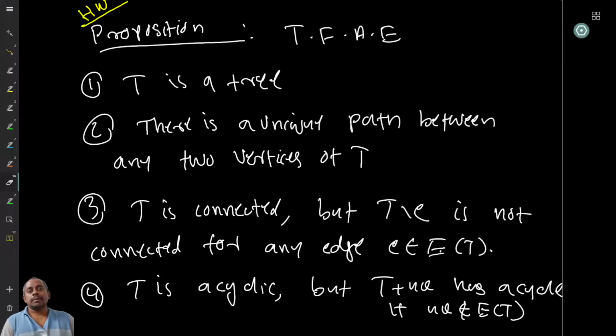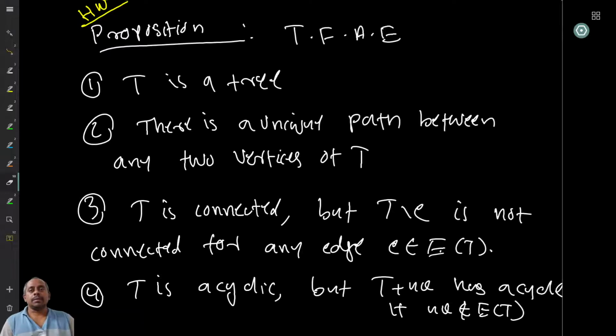And the graph T is acyclic, right? There is no cycle. But if you add any edge which was not present, so suppose u and v are not adjacent, you add an edge u to v, then it creates a cycle in the graph T. If this is true for every non-edge uv, so if uv is a non-edge, you add it and it creates a cycle, if that is true for every non-edge, then we say that is also a tree.